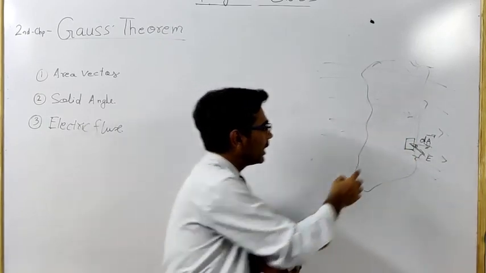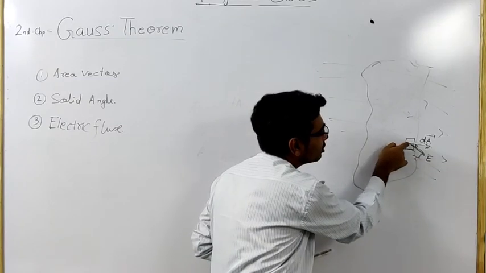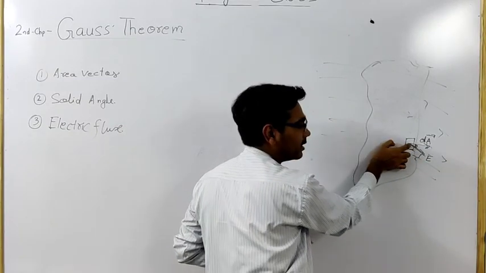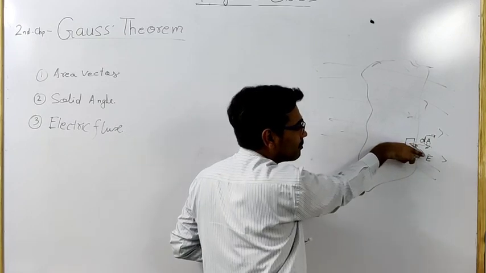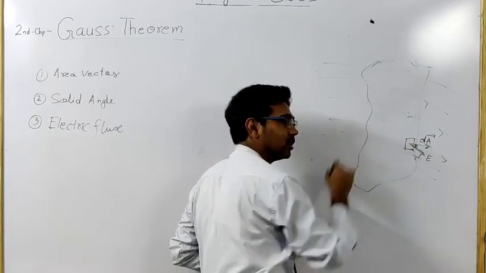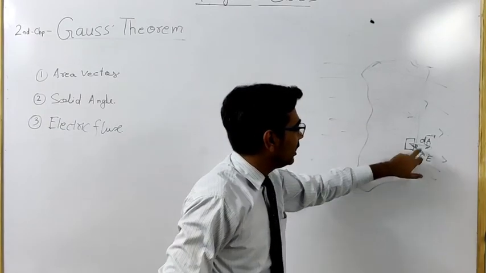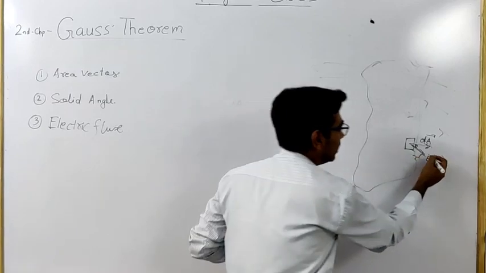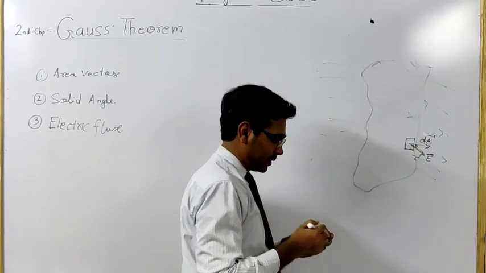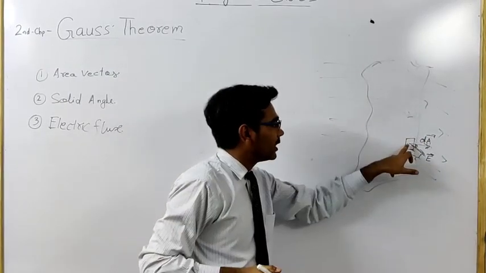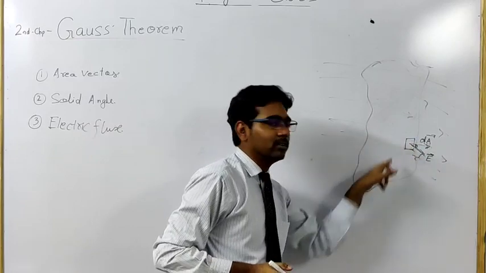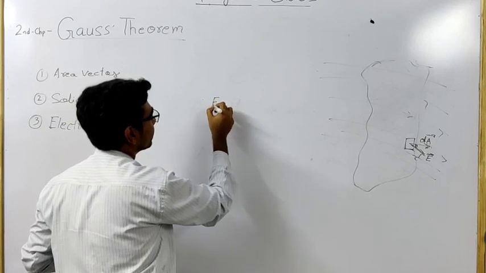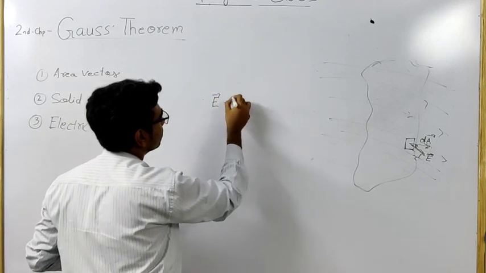Okay, so how many lines of forces are passing through this area? The electric field is not perpendicular to this surface, so you will take the component of electric field perpendicular to this area. For that you want E dot dA. You will take the dot product of electric field E, which is also a vector, and dA vector. What you will get is the number of lines of forces passing through this particular area. So you will take E dot dA.